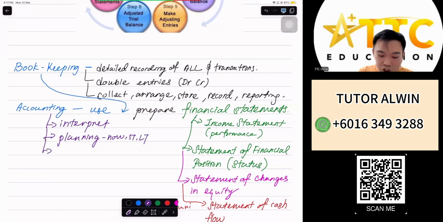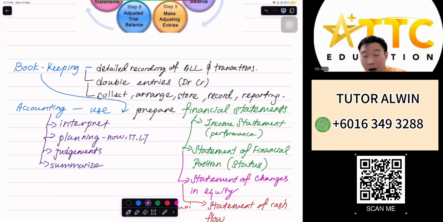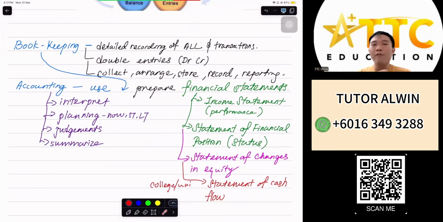We also make judgments for our planning and later summarize and provide a conclusion about our current situation and our future plan, which we adopt after brainstorming a few potential ones. For example, if our company is making profit and cash is very huge, we are the so-called cash cow. We have a lot of money in our company. And so one of our plans is either to train our employees or expand our business to another branch.